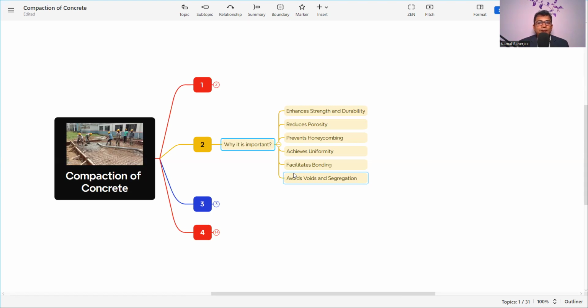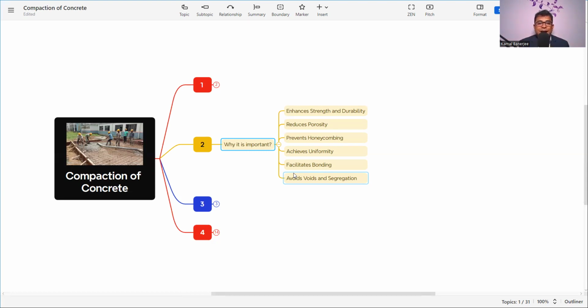Then, prevents honeycombing. If air pockets are there, there will be honeycombing, and we know that a honeycombing structure is not good for durability and strength. Then, achieves uniformity. It will be a homogeneous paste, and the density all around the concrete will be the same, so we will get uniform concrete. And then, facilitates bonding.